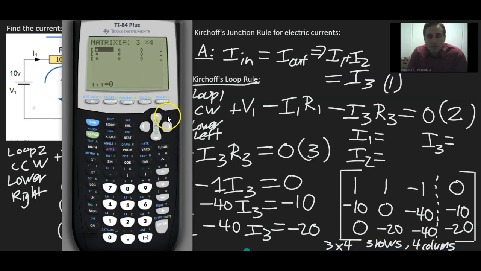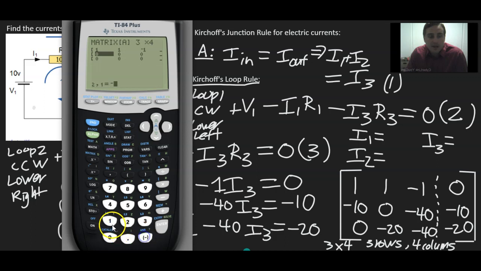With a 3 by 4 matrix, we should enter in all the coefficients. So I should type 1, enter, 1, enter, -1, enter, and then 0, enter.